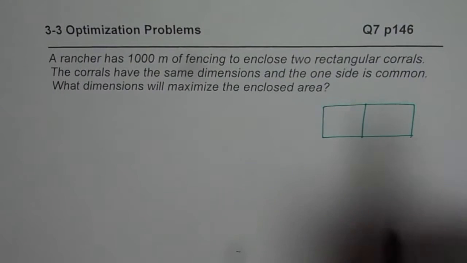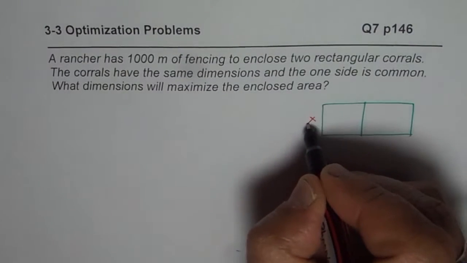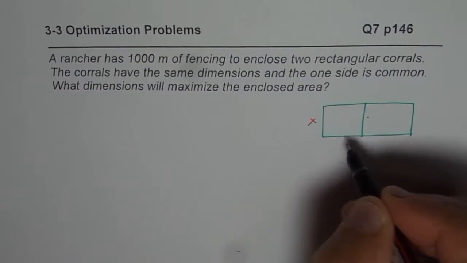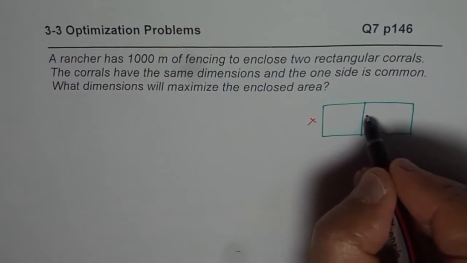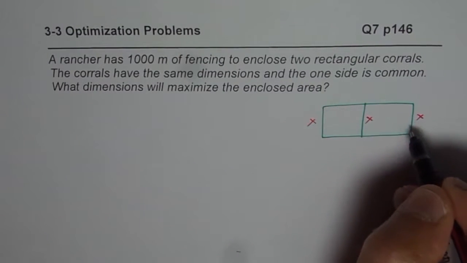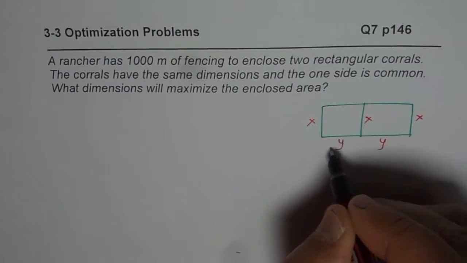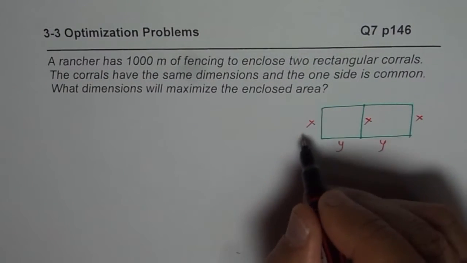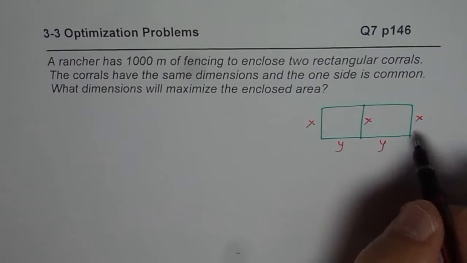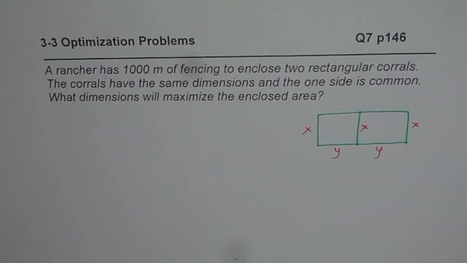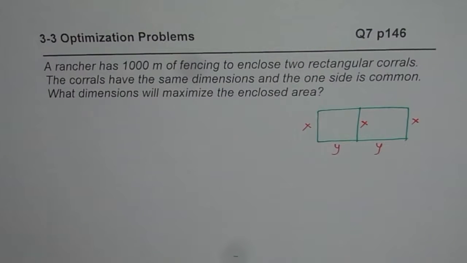Now let us say that the dimensions are, let me write these sides as, in this particular case I'm taking this as x for the time being, right? So let's say this width is x and this is y for me, right? So let us say these are the dimensions for my fencing. It says that the rancher has 1000 meters of fencing.